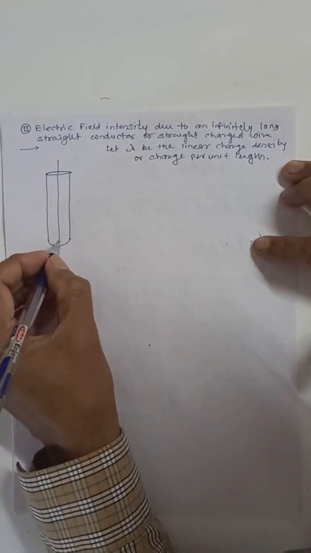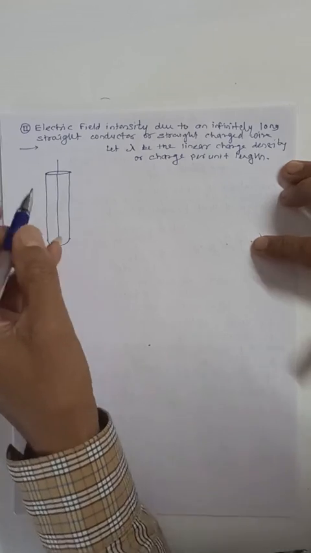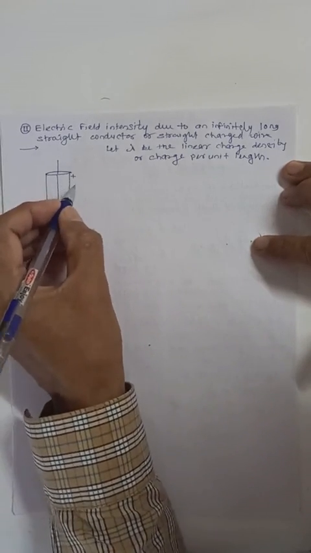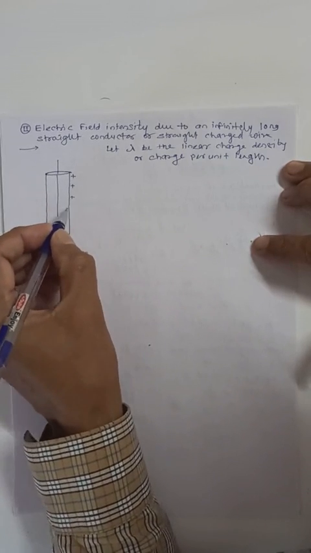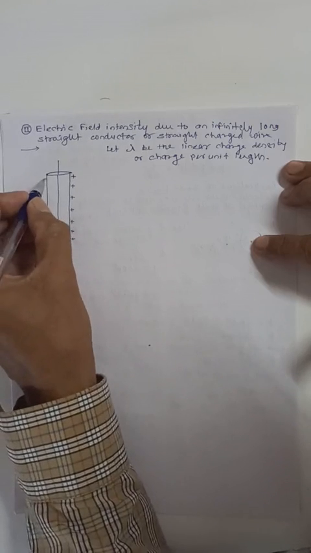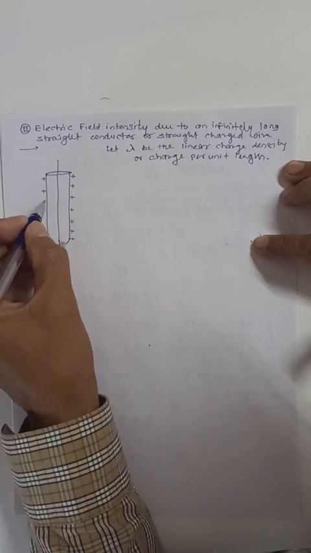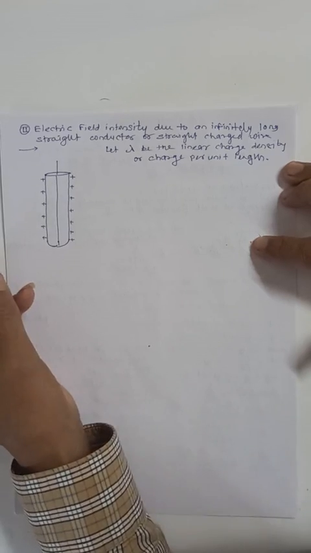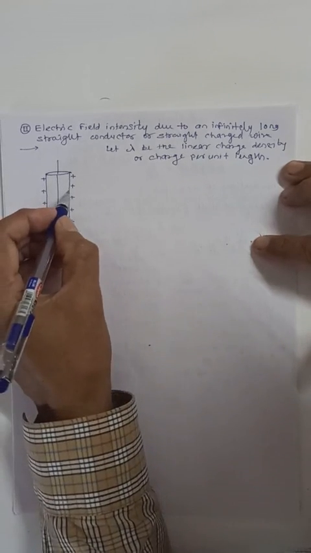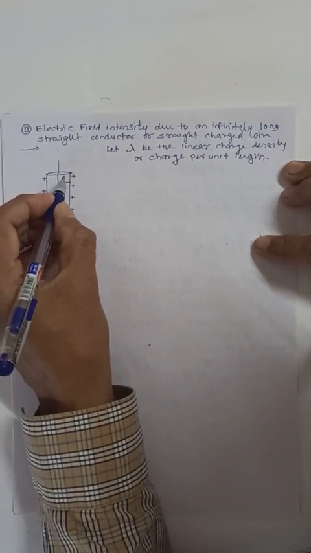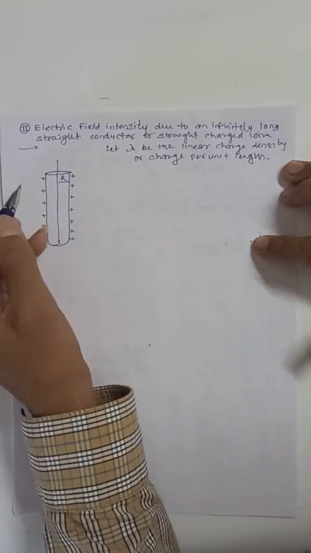Suppose Q is the charge given to this conductor so that it will be charged uniformly like this. Let R be the radius of this wire.